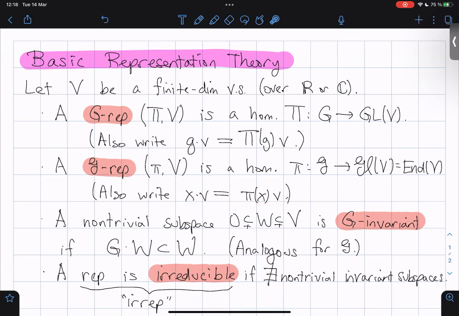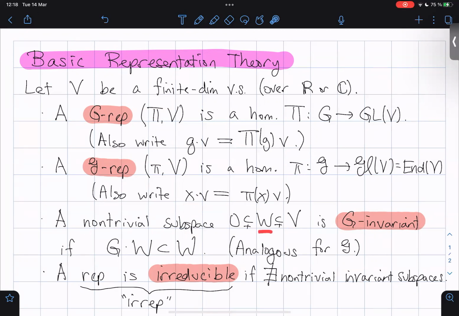Please ask questions if anything's unclear, just so that I understand where you guys are at. A couple more definitions, and then we'll get to some examples. So a non-trivial subspace, sitting inside V, but not zero and not the whole thing.